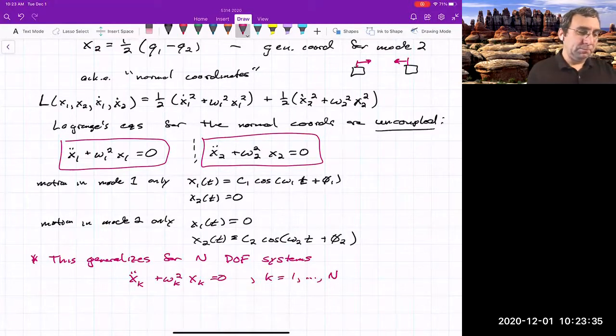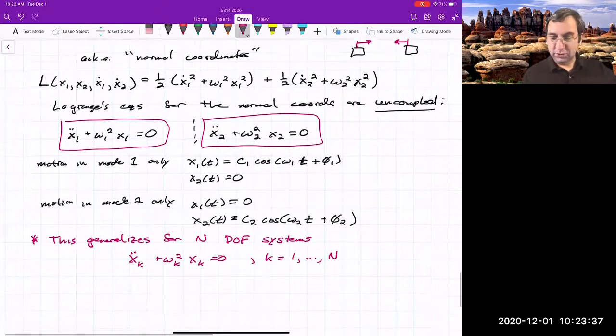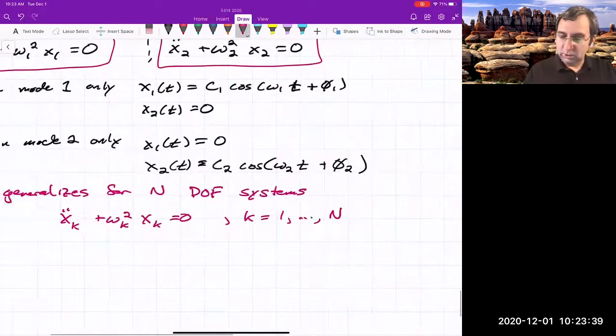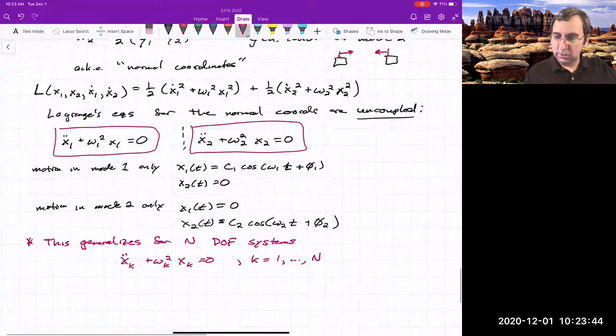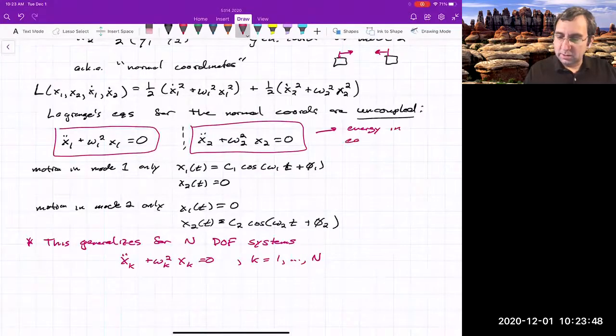So that's interesting. Energy in each mode.